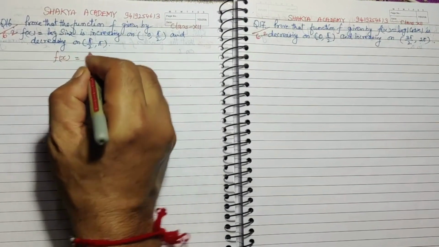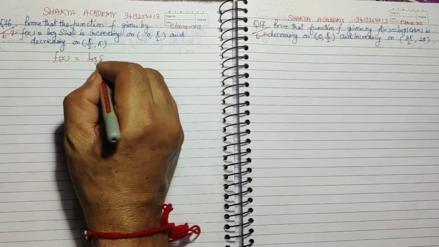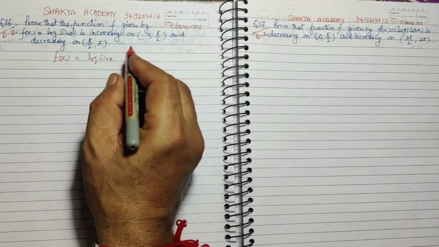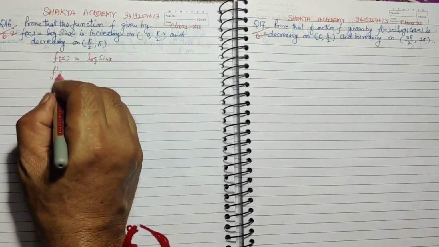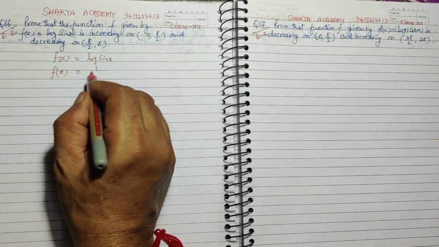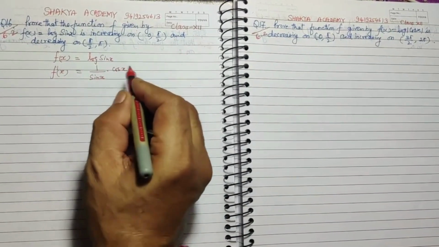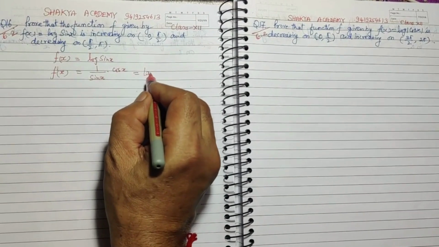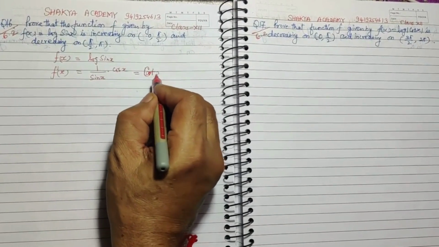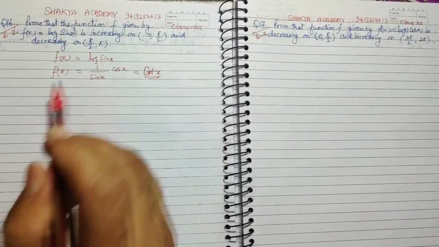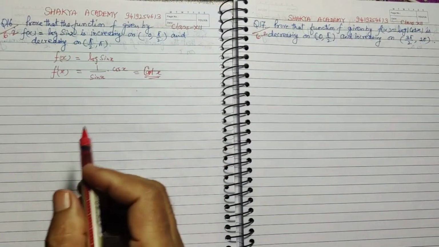So let us write first f of x, which is given as log sin x, and its derivative will be 1 upon sin x times cos x. So this will be cot x.